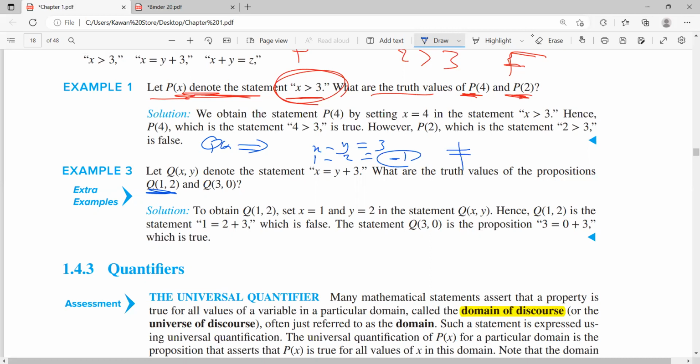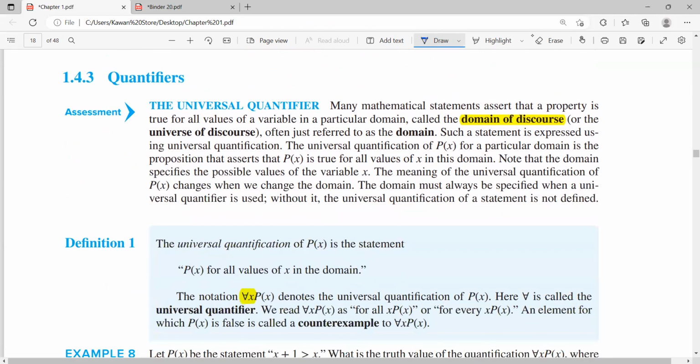Of course, minus 1 is not equal to 3, so that one will be false. How about the other statement, 3 and 0? True? Good, true. So that one is false and that one is true. That's called a predicate. Okay, dears? Clear? Good.